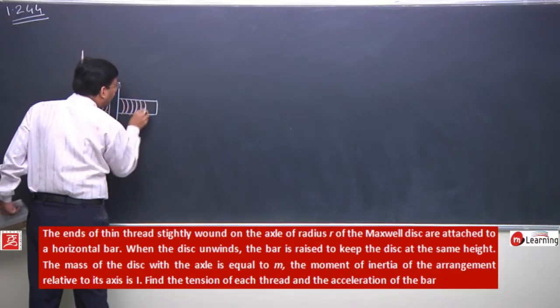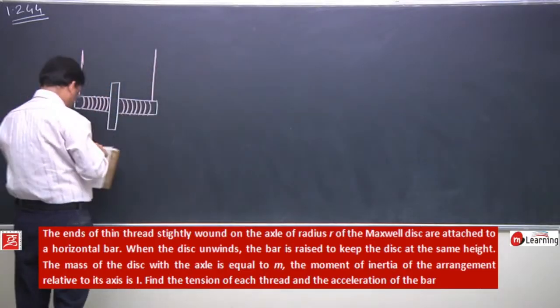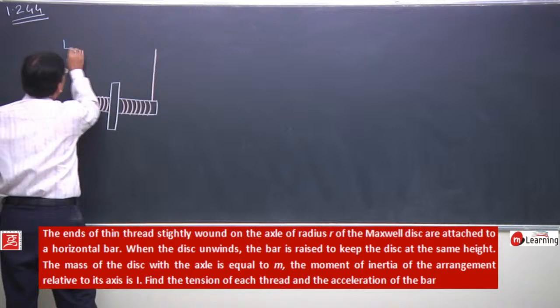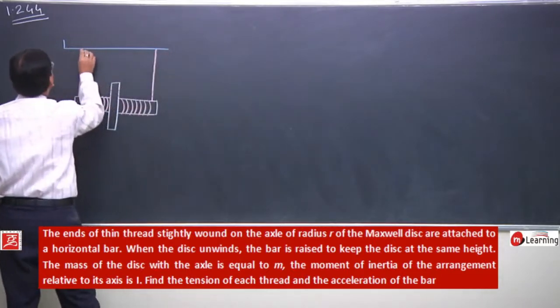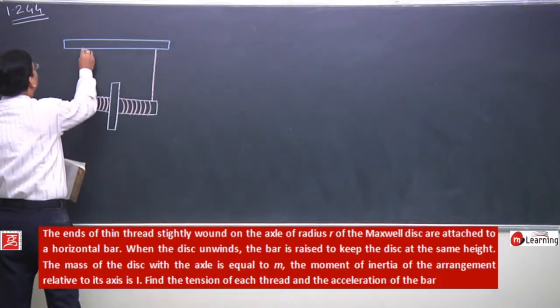This is a Maxwell disk, and there is a bar here, like this.